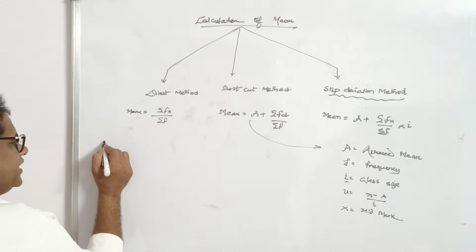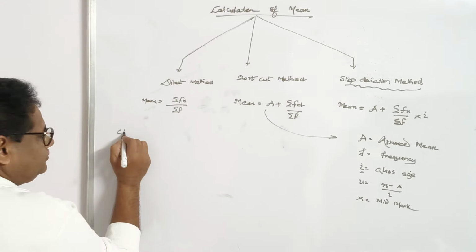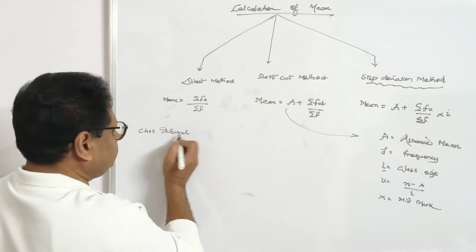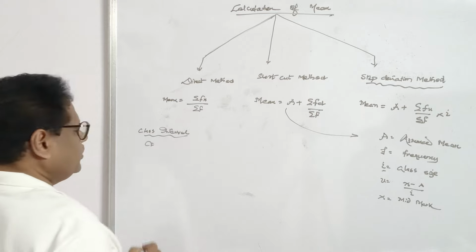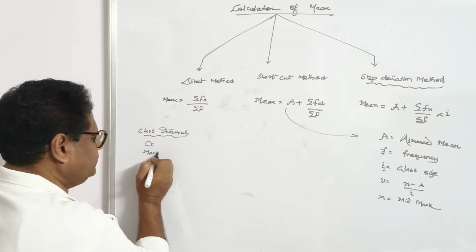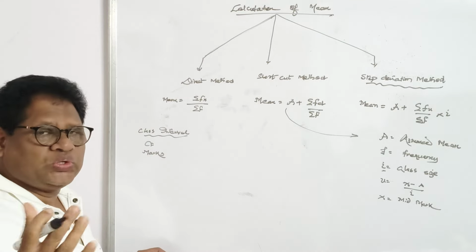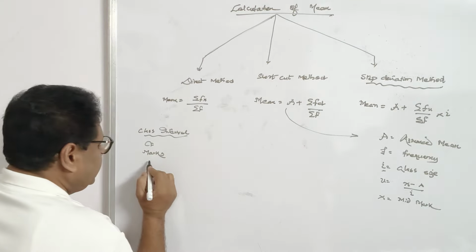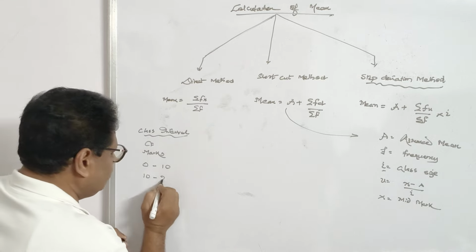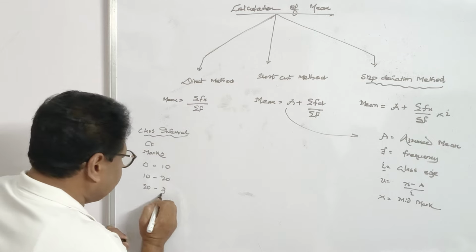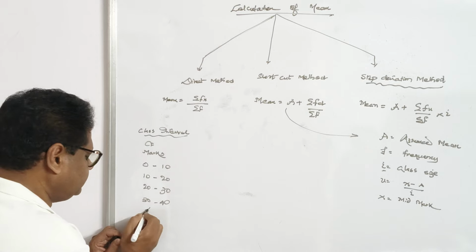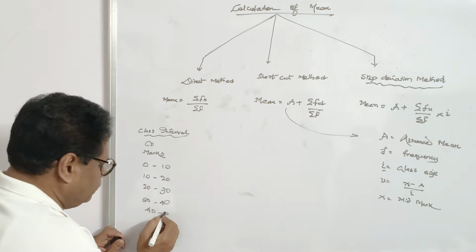Now let us take an example. This is the class interval, CI, and suppose we have taken the marks of a particular subject scored out of 50, and the ranges are 0 to 10, 10 to 20, 20 to 30, 30 to 40, 40 to 50.